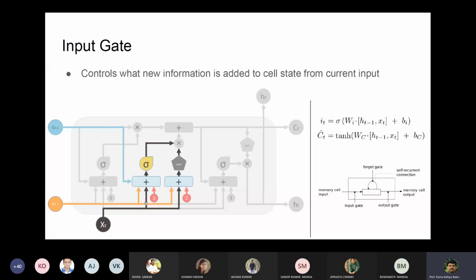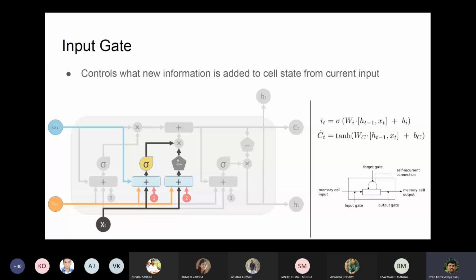The previous output ht minus 1, and the value xt, the current input, passed through a weighting function, plus the bias bc. This passes through a tanh activation function, and you get ct bar. So here this is it, this is ft, this is it, and this is ct bar.